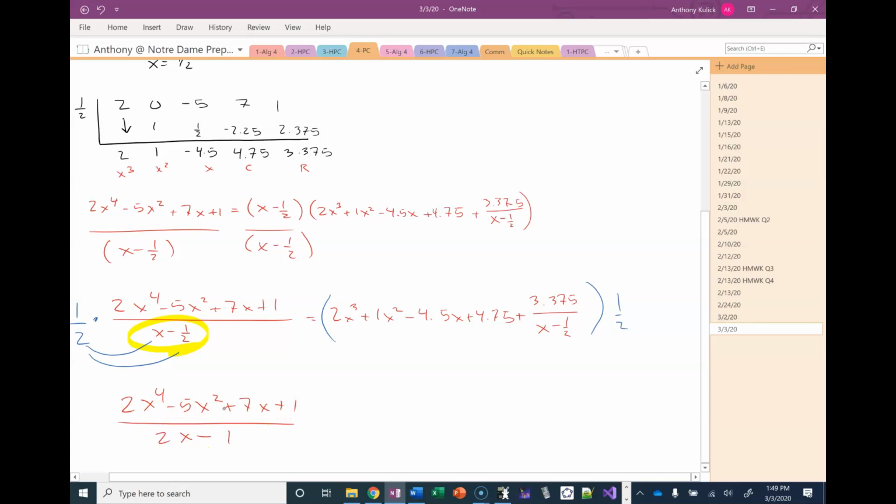There, right? And then that 1/2 is going to distribute all over there and to this one. So that's going to give me x cubed plus, I'll just use decimals since I've been using decimals.